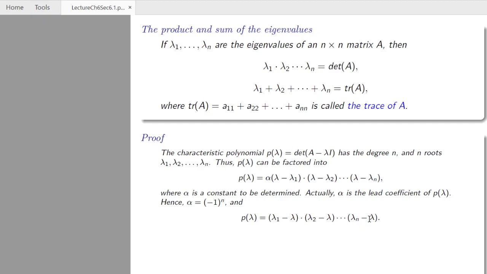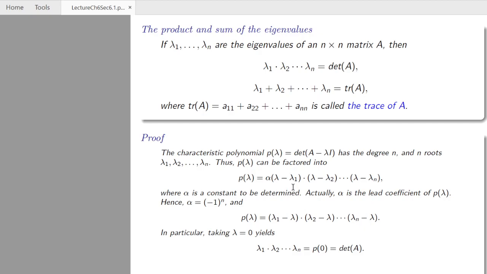From this, we can consider a particular value for lambda. If in this form we take lambda equals 0, then that will be lambda 1 minus 0, so that's just lambda 1. And then the second term is lambda 2. The last term is lambda n. So P(0) equals the product of lambda 1, lambda 2 to lambda n.